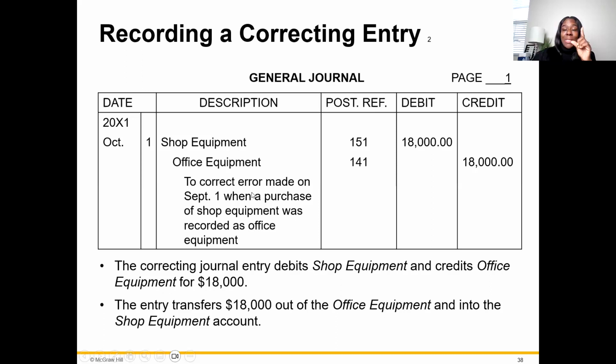Assets decrease on the credit side. So that's why we're crediting this. But then we put it to the correct account, which is shop equipment. So it shifts it from office to shop equipment. And this is a correcting entry. And notice that we can always go back and see that we had accidentally put it in office equipment, but we have a record showing that we corrected it.